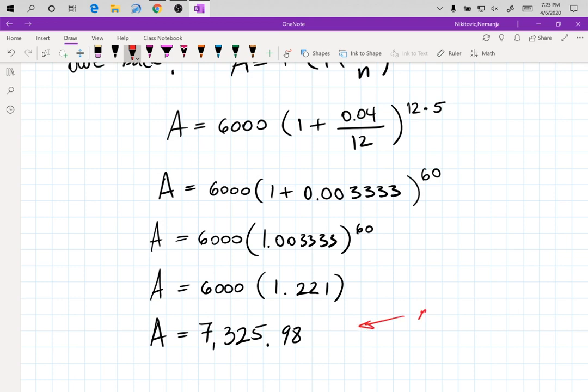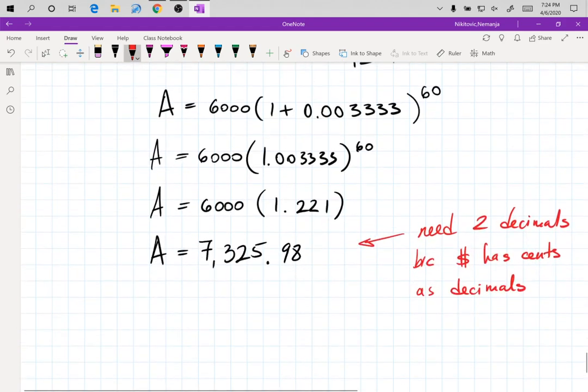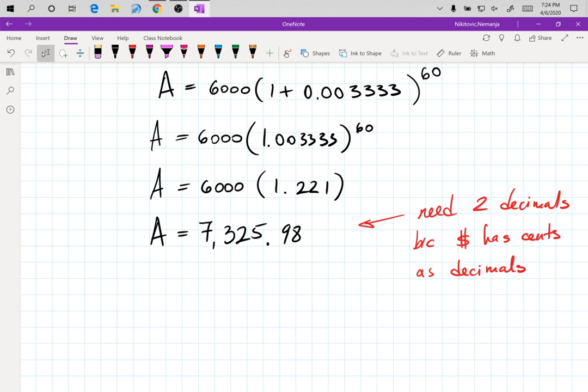So need 2 decimals because money has cents, right, as decimals. Dollars, right?